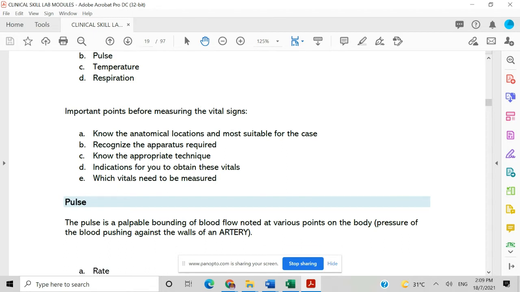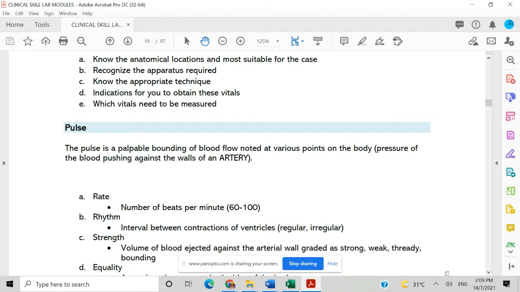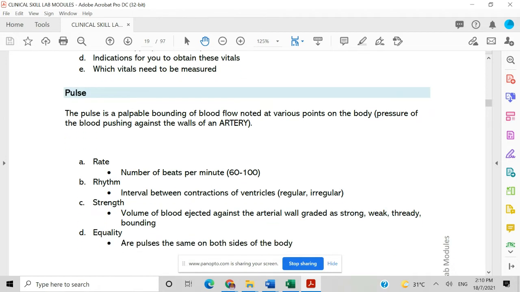So let's go to pulse. I'm not going to repeat the whole theory of the vital signs, just go over it briefly, but I will be talking more on D and E, which are the indications for you to obtain these vital signs, and which vitals need to be measured. You know about the pulse. My take-home message here for pulse and other vital signs is: know the numbers.